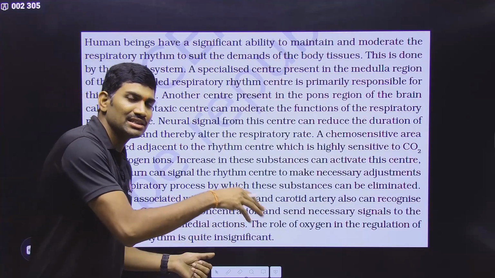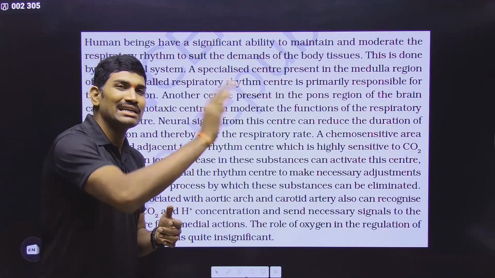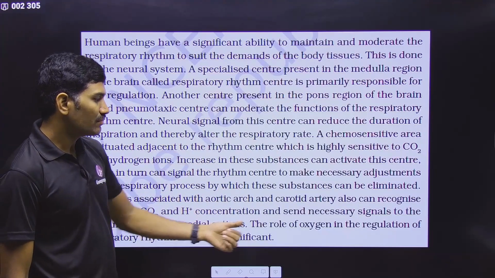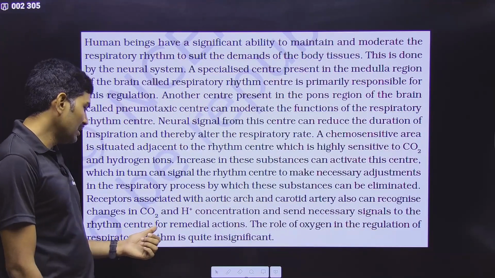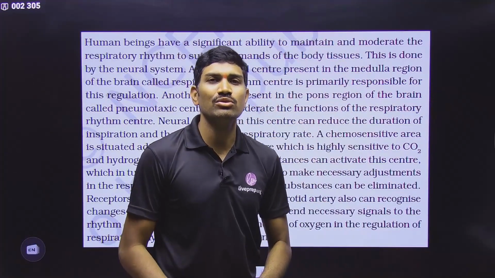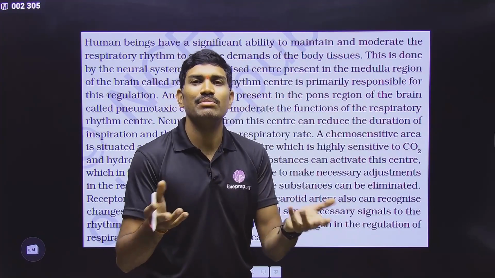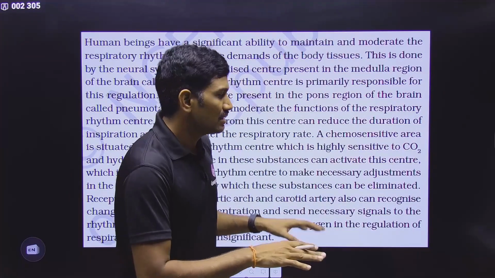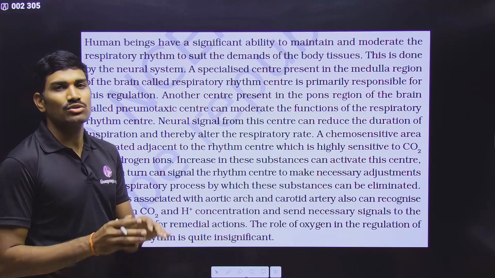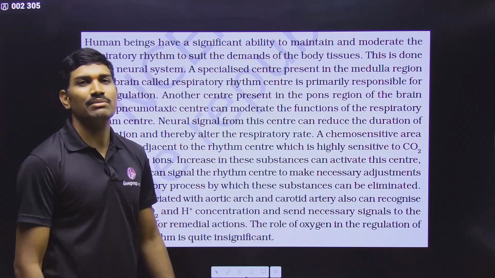So these receptors help in recognizing the concentration, and ultimately, indirectly, they help in regulating the breathing rate and send the necessary signals to the rhythm center for remedial action. Accordingly, the breathing rate will be altered so that the problem will be solved.